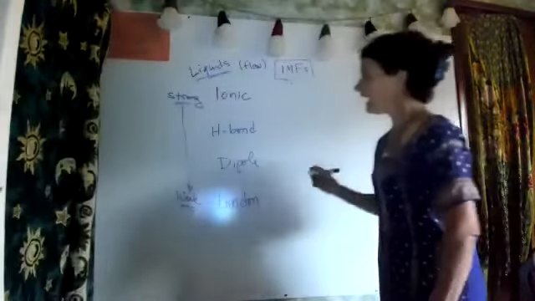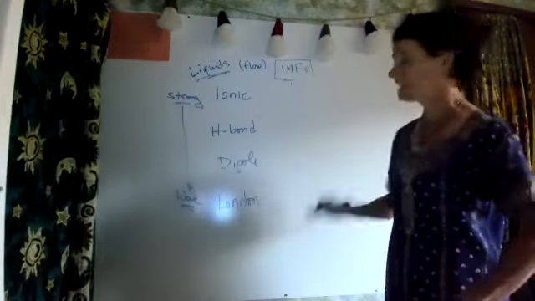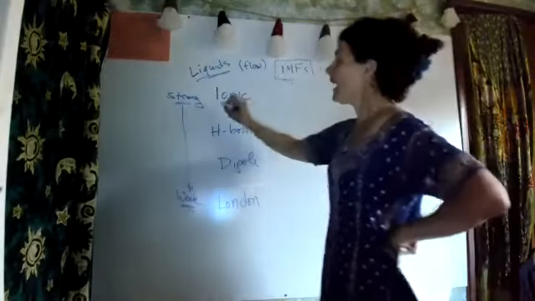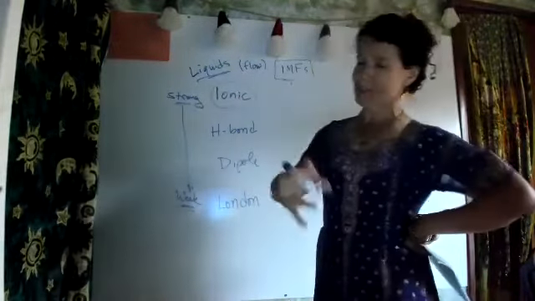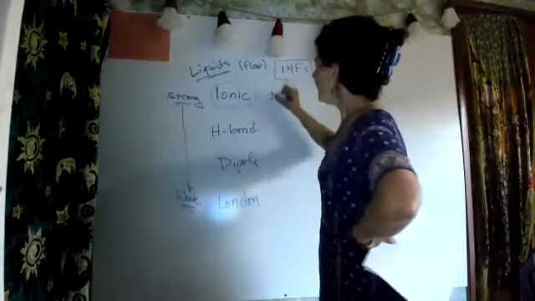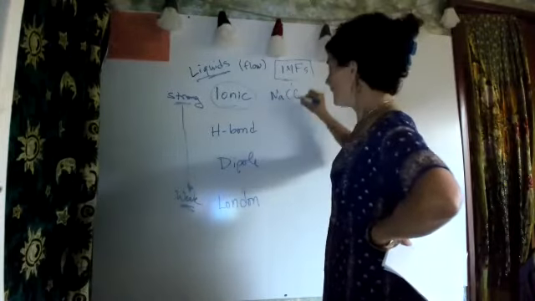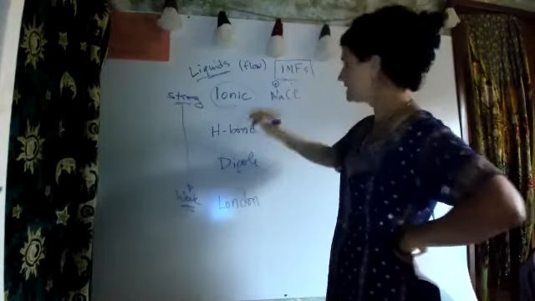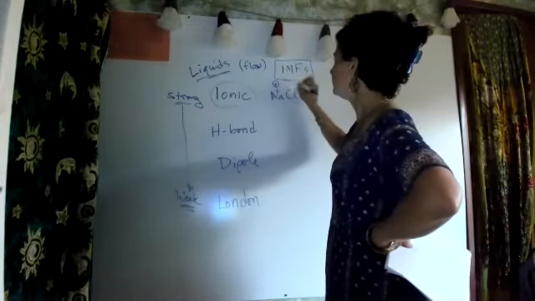I want to walk through each of these types. Again, it's always an attraction between a positive and negative. Ionic, you already know. We've talked about that a lot in 221. It would be something like sodium chloride. The sodium has a true positive, and the chloride has a negative.